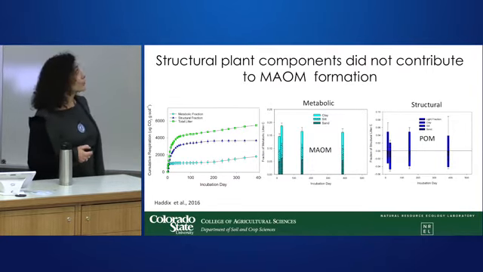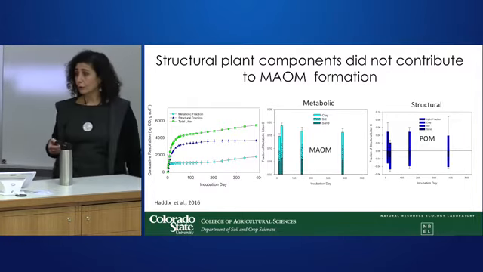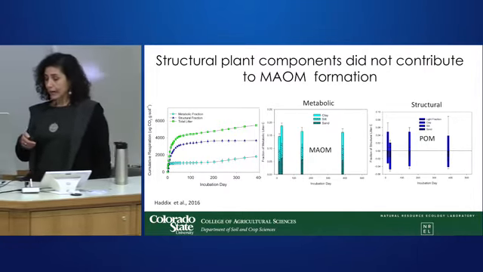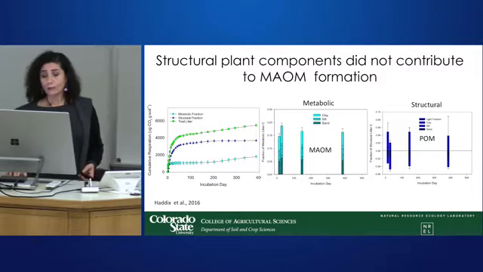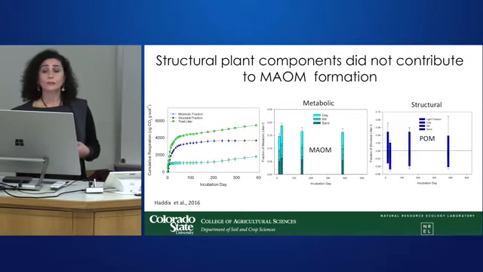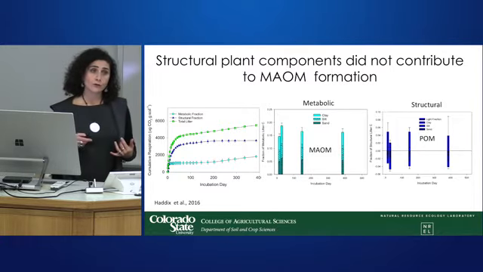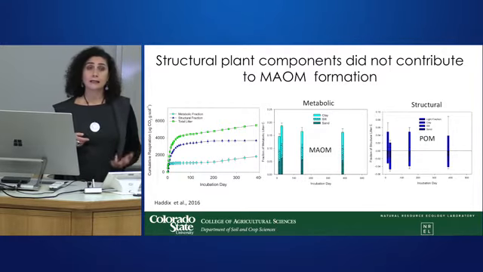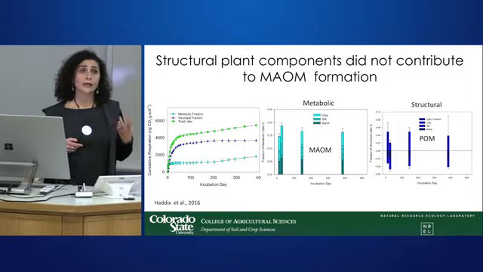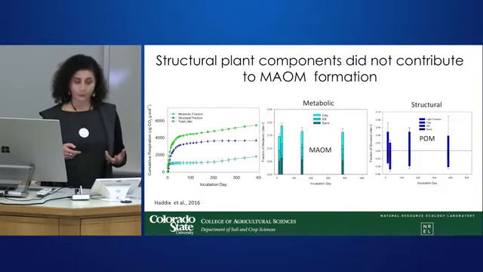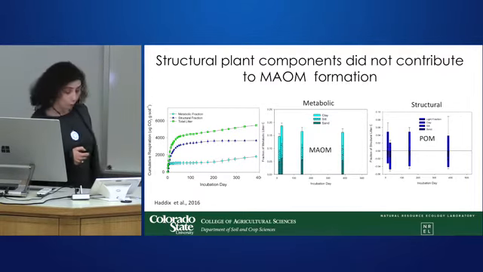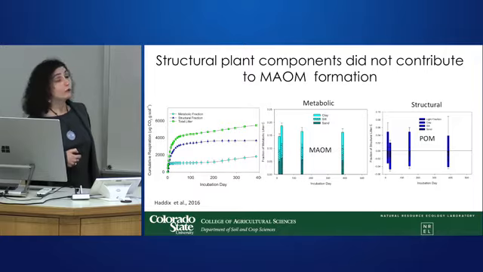After 1 year, when we harvested those jars, what we found out was that all the mineral fractions, sand size, silt size, and clay size, that contained the microbially transformed material, only had the metabolic signal.